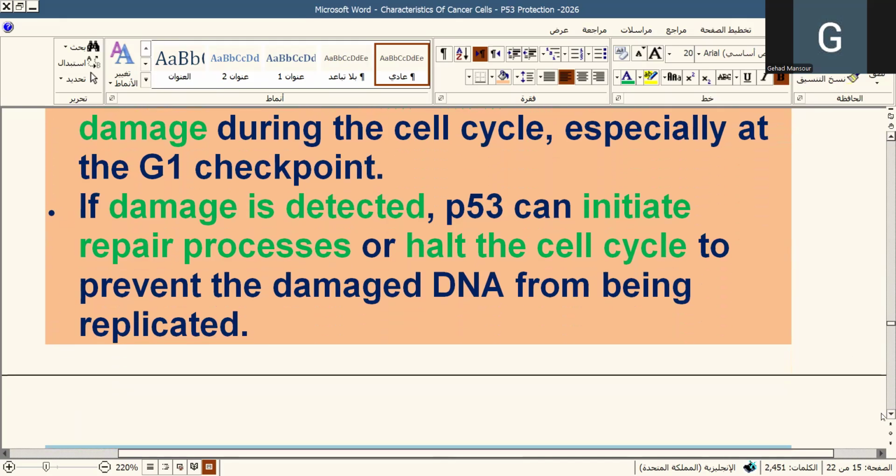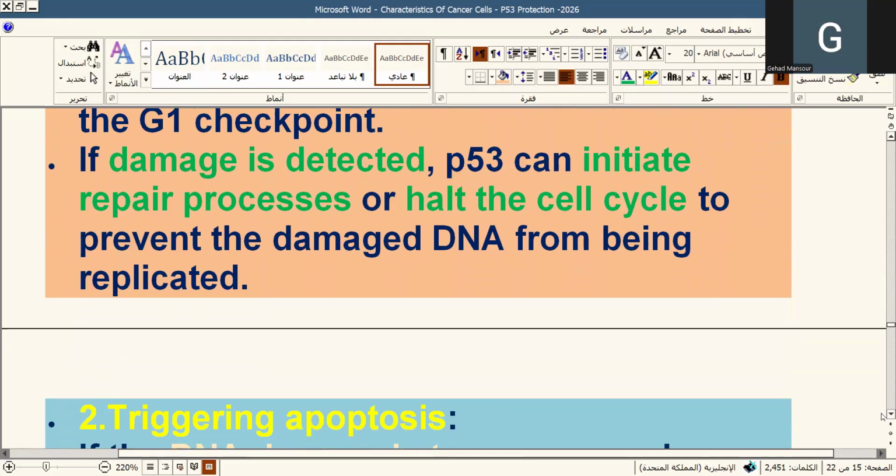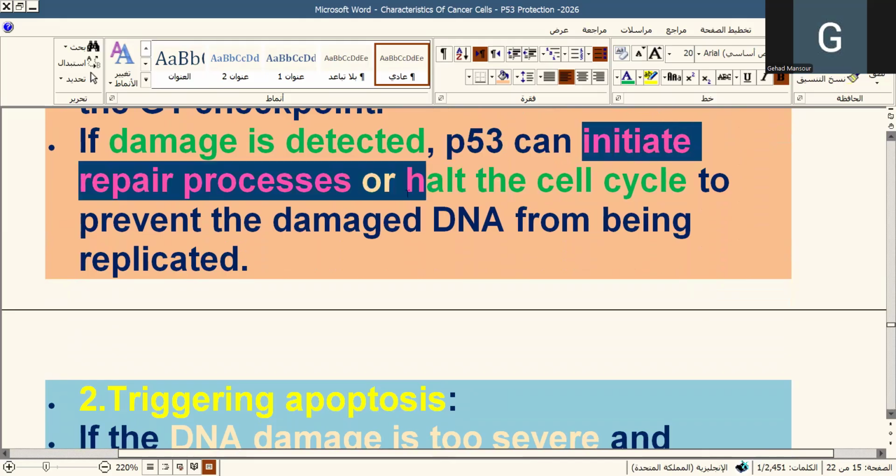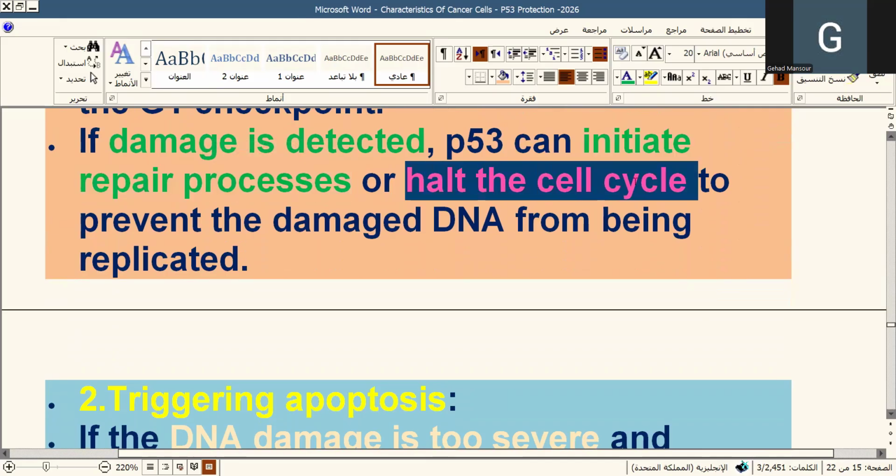But I emphasize that the checking is not a function of P53 only, because before P53, we have a sensor protein. If damage is detected by the sensor protein, P53 will be activated, and when P53 is activated, it will initiate a repair process or halt the cell cycle. Actually, in both cases, there will be a halting of the cell cycle.